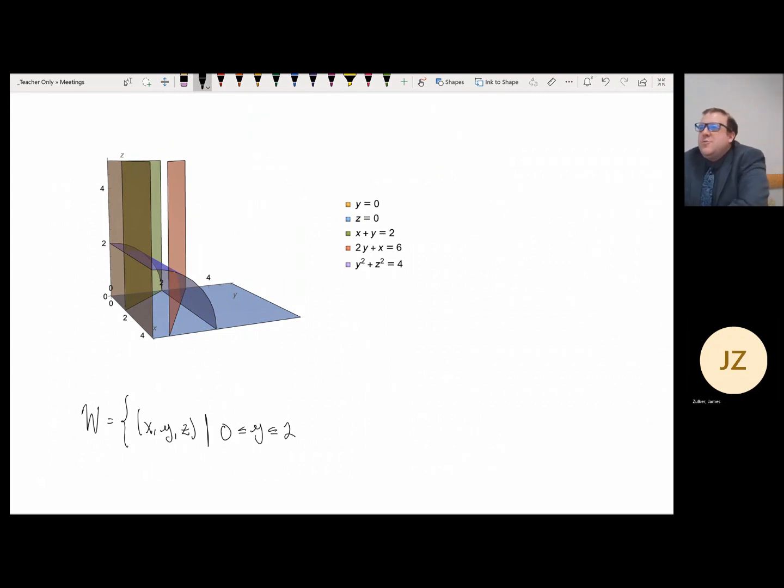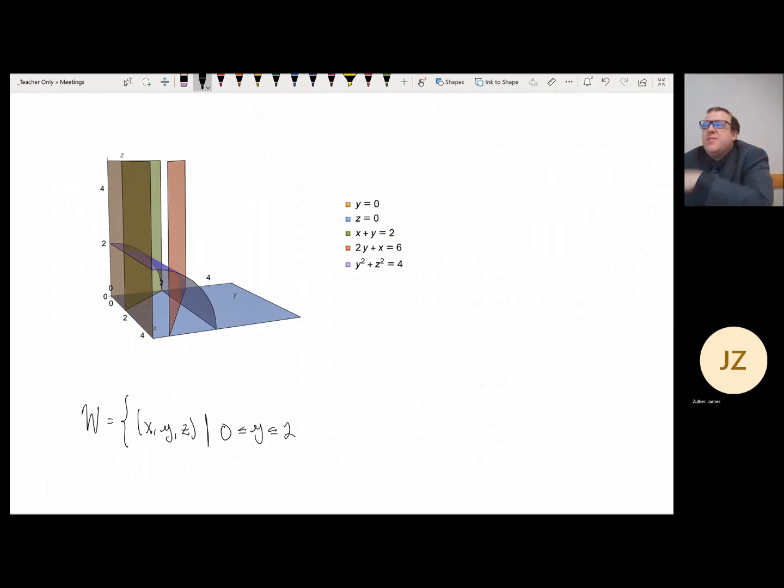Now we need to choose the order for the remaining two. Do we want to write x as a function of z and y? Or do we want to write z as a function of x and y? Well, if you actually look, it doesn't matter.